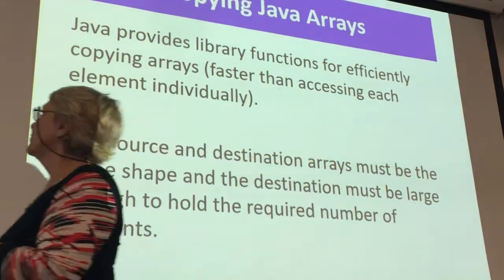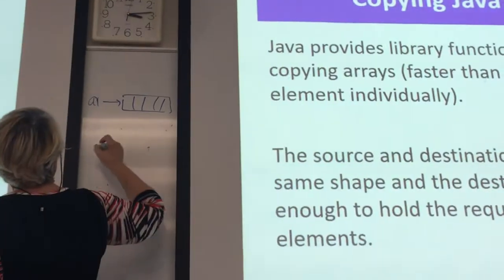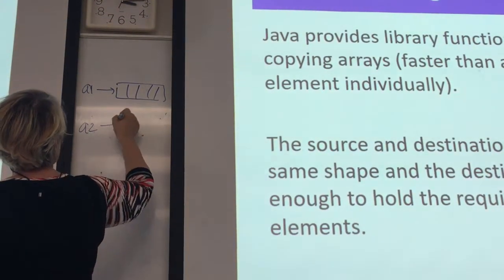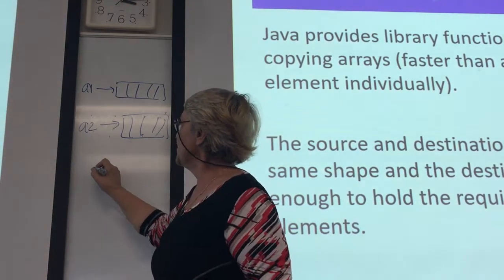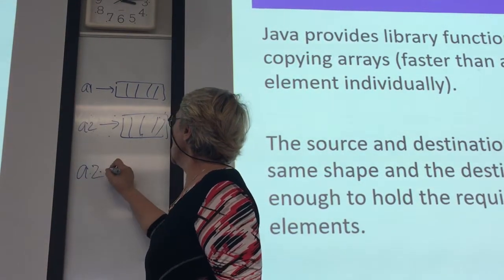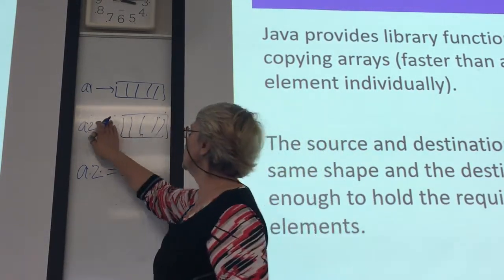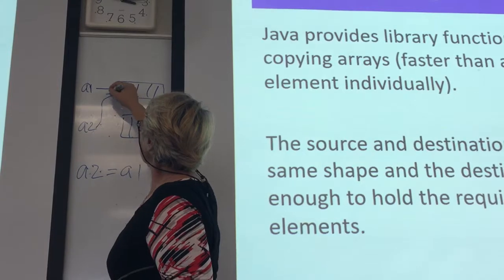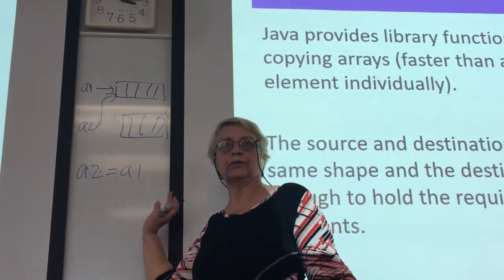If you have an array variable A1 pointing to this array of integers, and then you have A2 pointing to this array of integers, if you say A2 is assigned the value A1, what happens? This goes here, because what you do is work with references.